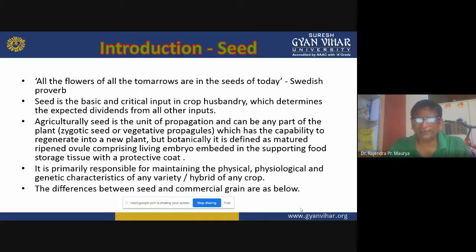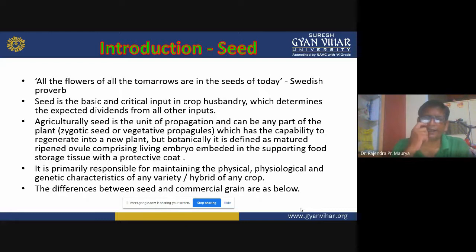So what is in that? In sexual propagation, seed is involved for multiplication, and that is known as zygotic seed. The other one is asexual or vegetative propagation, that is, the vegetative propagules.